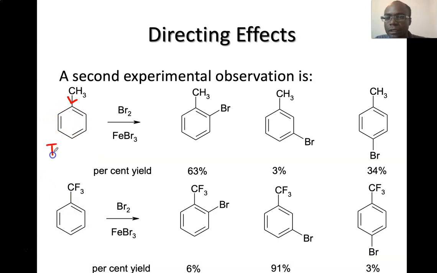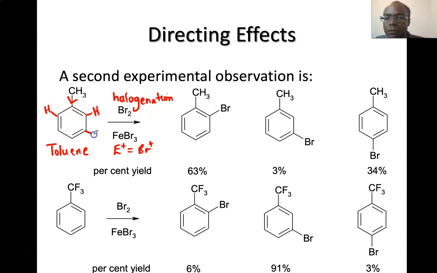So toluene was taken and reacted with Br2 and FeBr3. Of course, this is halogenation. When I started the lecture, I already gave you the reminder and told you that the electrophile here is going to be Br+. This combination simply gives you Br+ that will be used to replace one of the hydrogens in the ring.